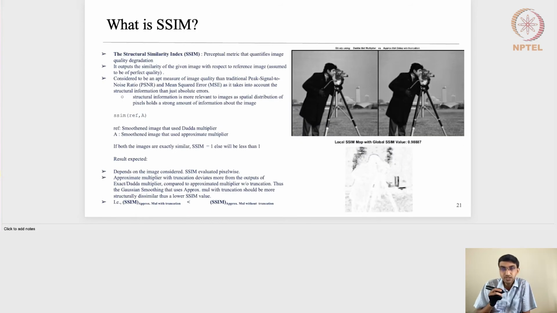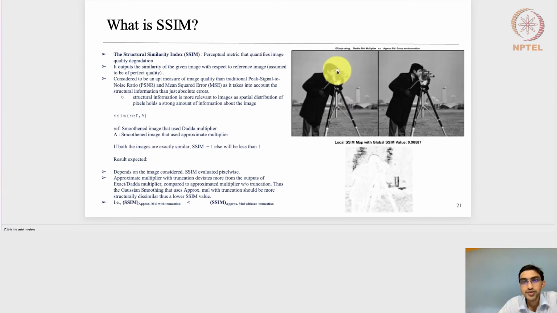So in this Gaussian smoothing application, multipliers are frequently used arithmetic operators. And instead of using an exact multiplier, if we use the approximate multipliers, how does it behave? This slide talks about applying the approximate multiplier in the Gaussian smoothing filter, and what the output of that is.